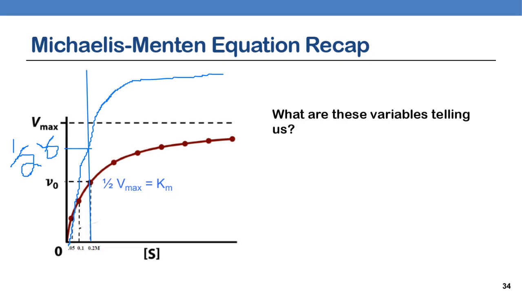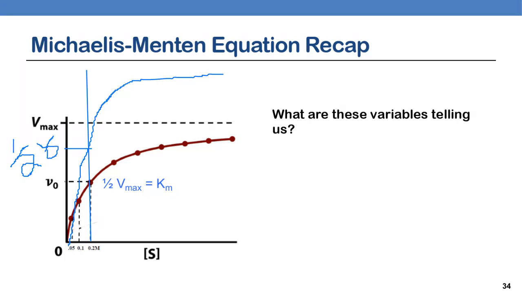Okay, I think I see what you guys are saying, the equation half the Vmax is misleading. Yeah, so it's the concentration of substrate at which you've reached half the maximum velocity, half of the Vmax.